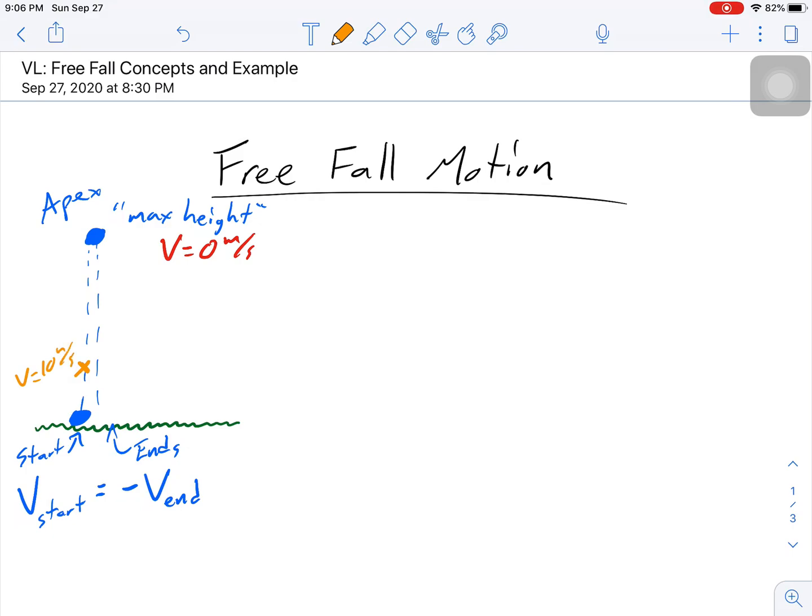Well, the equivalent height on the way back down, that velocity would be negative 10 meters per second because of the symmetry that we have. And really, what that acceleration shows us is that on the way up we slow down, on the way down we speed up, and it's going to occur at the exact same rate.